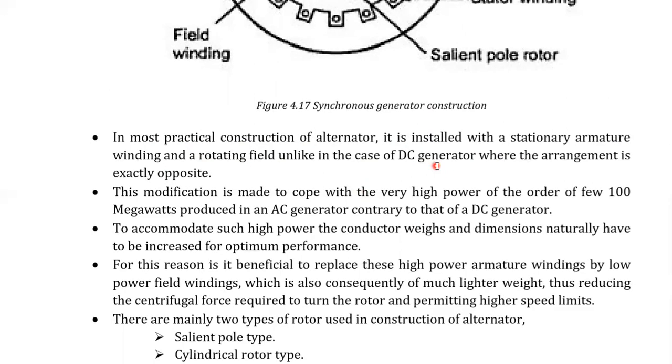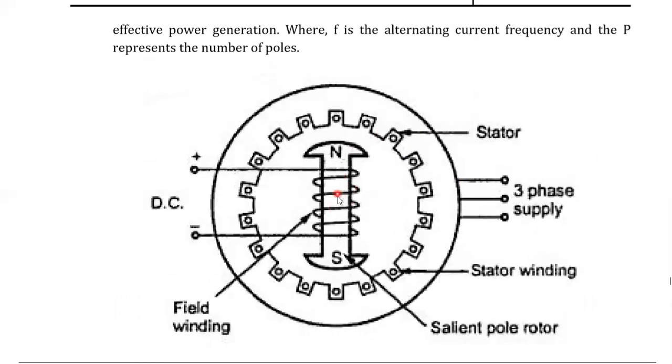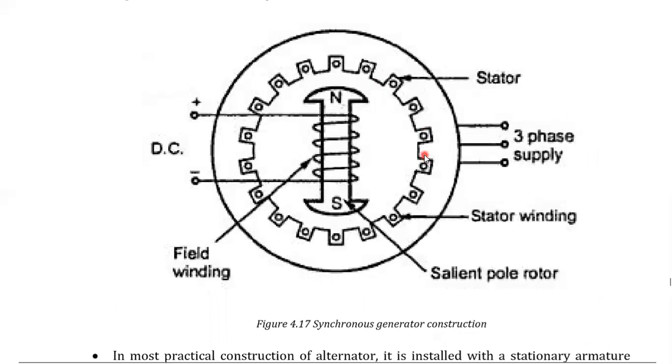In DC machines, the field winding must be on the stator and the armature winding on the rotor, because otherwise commutation fails. If the field winding is placed on the rotor and the armature winding on the stator, commutation problems take place in DC machines.